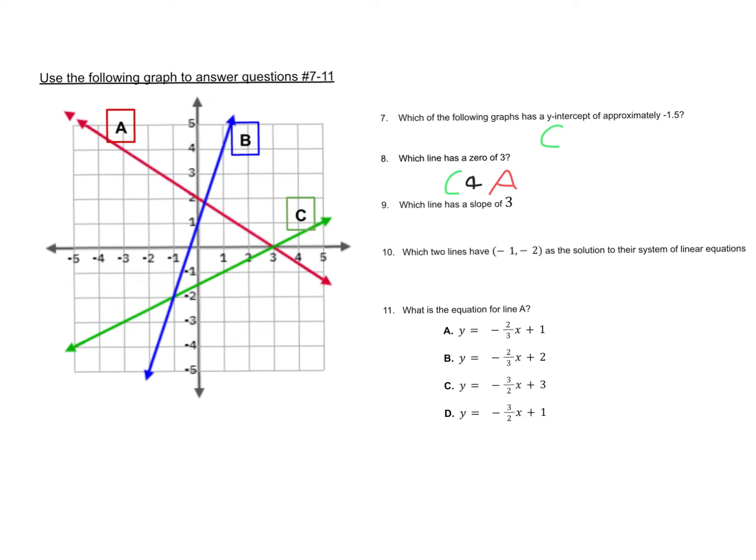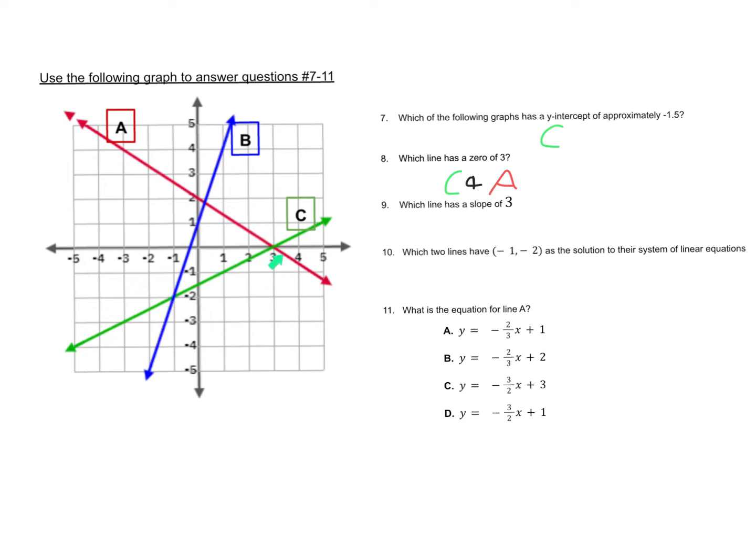All right, and which line has a slope of 3? Well, again, to find the slope, we're talking about the rise and the run, okay? So when we go from point to point, let's look at the green line first. Here's a point on the green line, and then here's another point. We would have to go up 2 and over 4, which is actually up 1 and over 2.